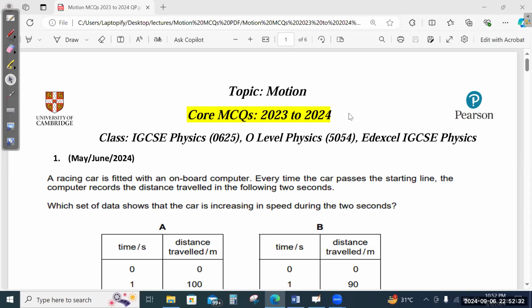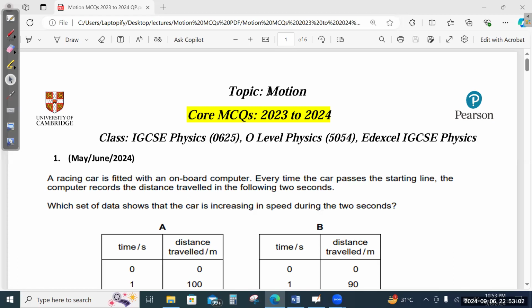Okay, today I am going to start topical past papers of IGCSE and O-level physics. The topic is motion, and before this, if you have not taken the lectures of motion, then you have to look on the right corner where you can find the I button and click on that button.